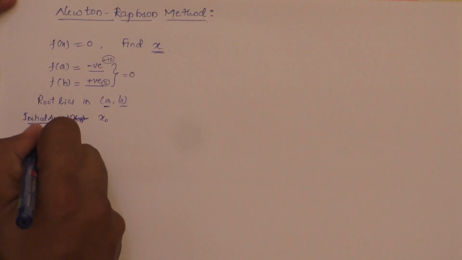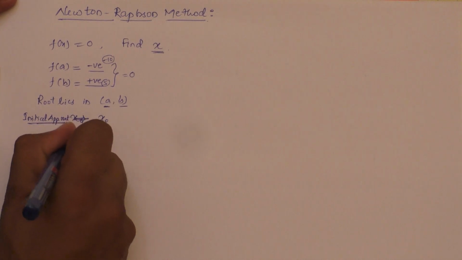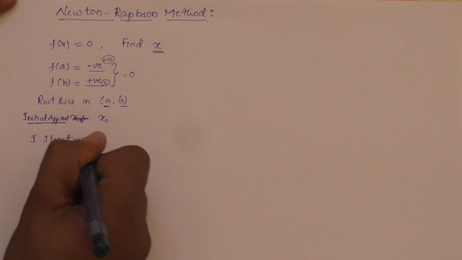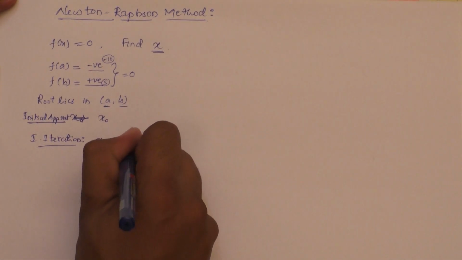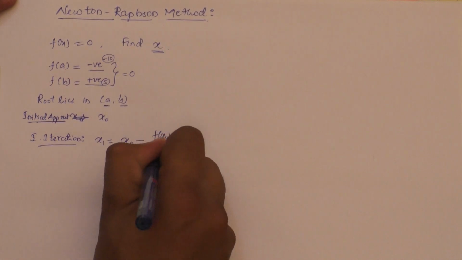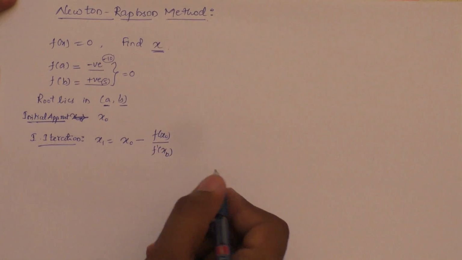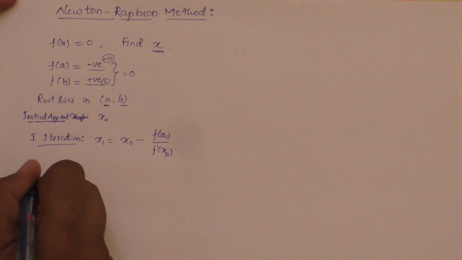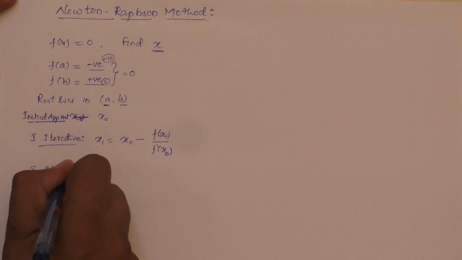First iteration or first correction will be x1. The formula will be x0 minus f of x0 divided by f dash of x0. This will be the first approximate root. Similarly, you go for the second iteration.